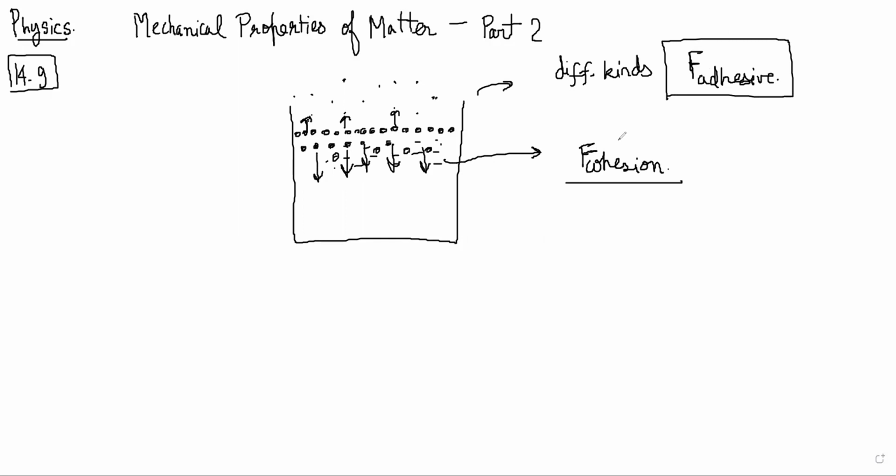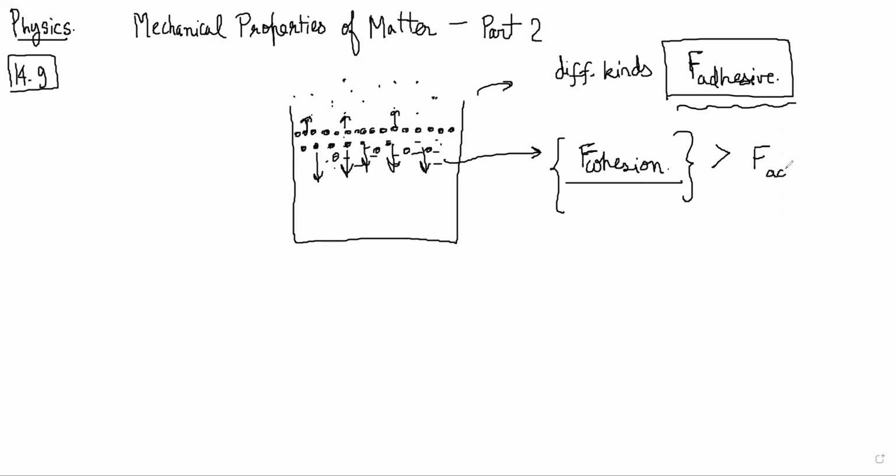Now clearly, this adhesive force and cohesive force don't have to be the same, because this molecule and an air molecule will have a different force than this molecule and this molecule.